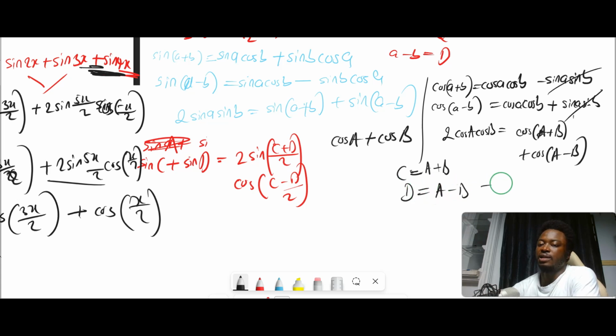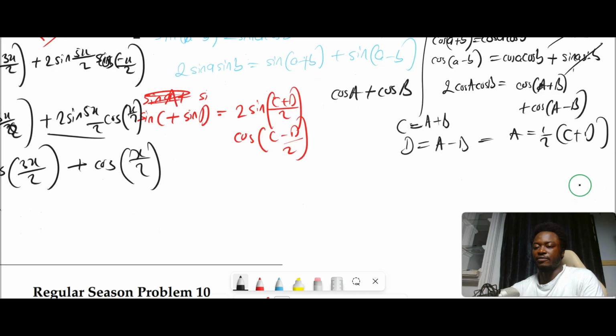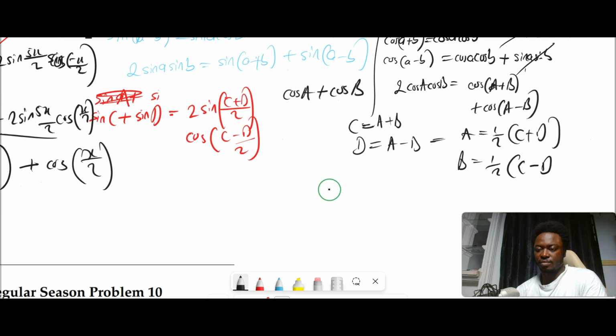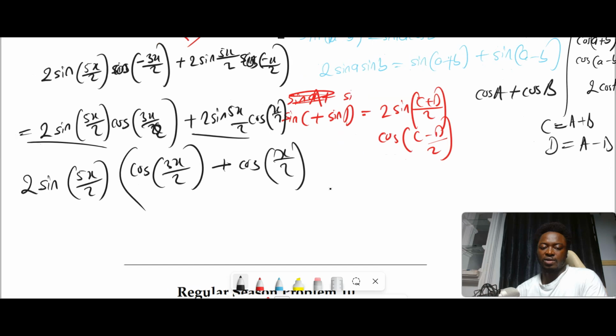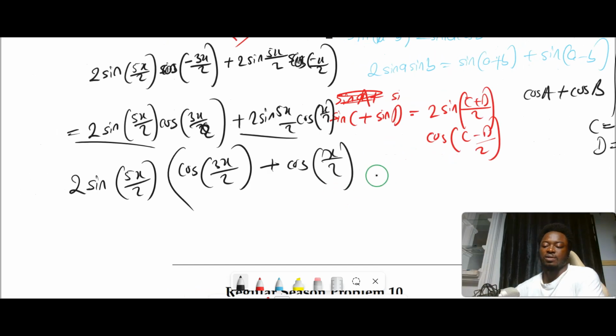So in this case now, A would be half of C plus D, and then B would be half of C minus D. So essentially, if you come back here, you want to add this up, you get twice cosine A cosine B, yes.